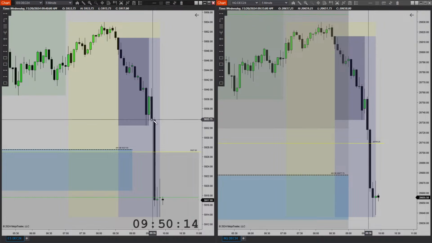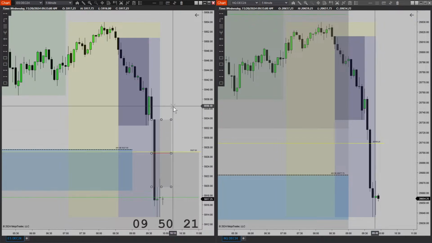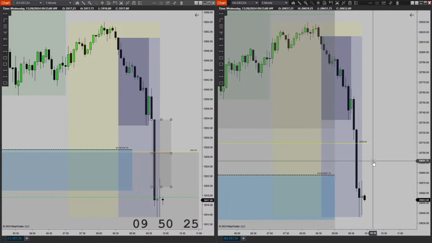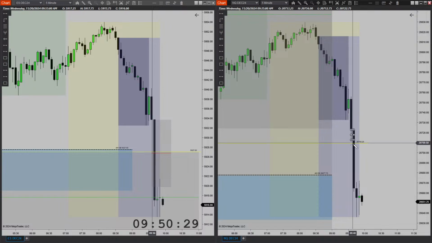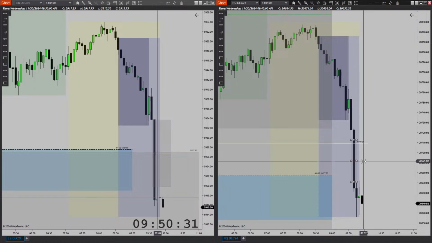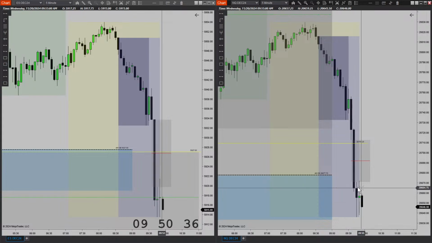Let's go ahead and draw this here. This should be green because technically it hasn't closed above this yet, but I am anticipating this turning into an inverse. Okay, so again, we want to see that double purge.